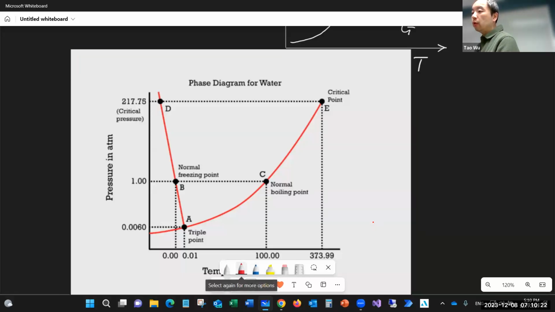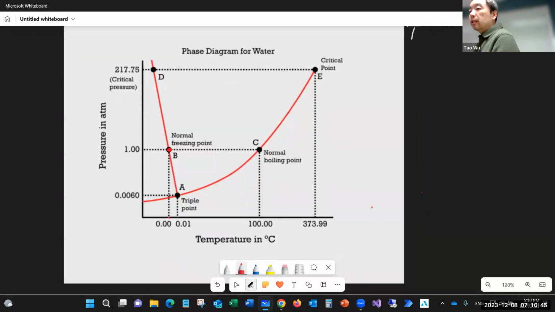This dot is at room temperature and 1 atmosphere. This dot means 1 atmosphere and 0 Celsius. And these are the boundaries between the solid phase, the liquid, and the gas.